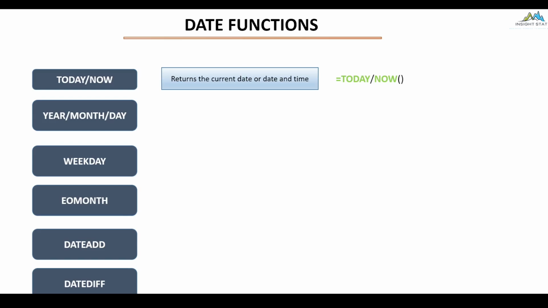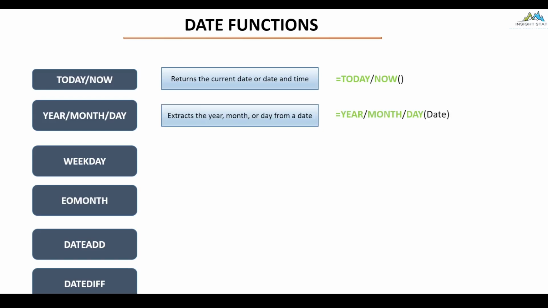We'll look at it. And the next is year, month or day. So it extracts the year, month or day from a date. So let's say you are trying to extract the year from a date of birth, or you're trying to extract the month from an order date, or you are trying to extract the day from the most frequently visited month or the most frequently visited date or timeline.